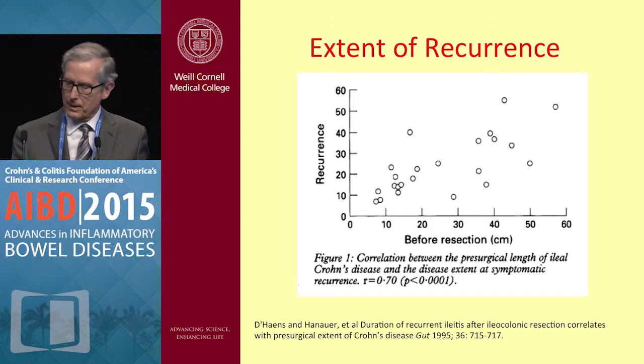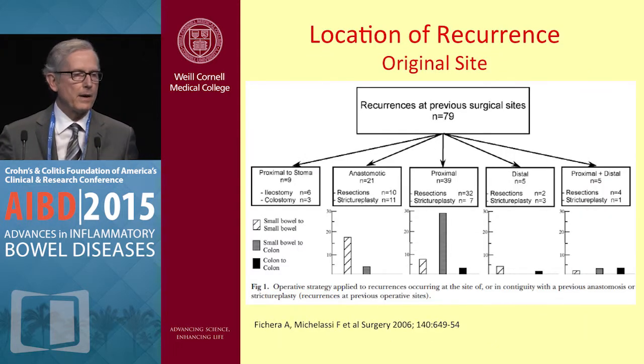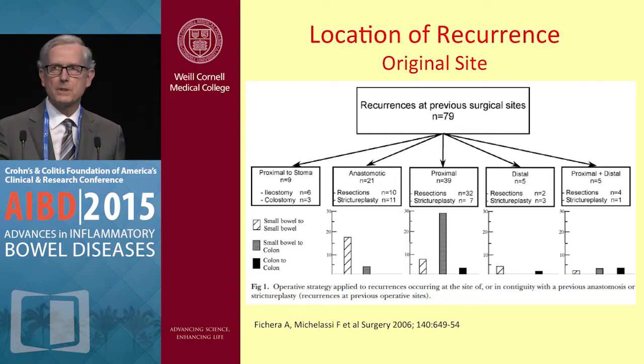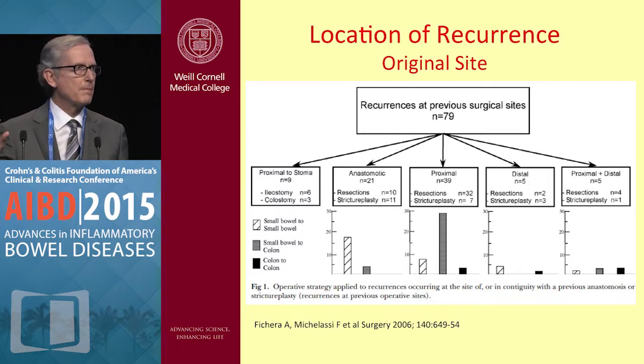The second paper came also out of the University of Chicago and was by Dr. Ficera and myself, and this is a busy slide, but we had the opportunity to operate on the index disease in 79 patients and then operate on the first recurrence of these 79 patients.